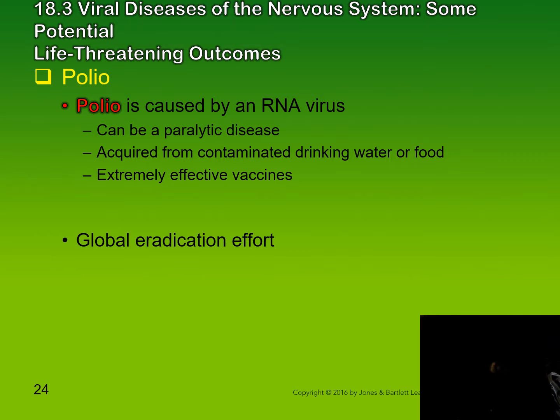We have very good vaccines for this, and the first person to develop one of these vaccines was Salk, and he used an inactivated virus. And Sabin uses an attenuated virus, so it's a virus, but it's changed in some way that makes it non-infectious.